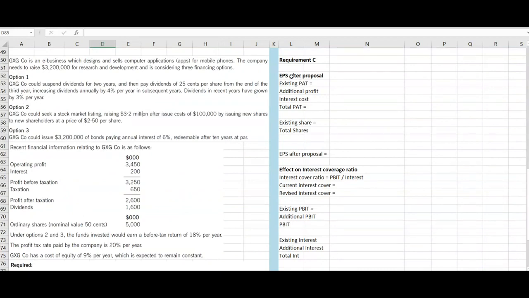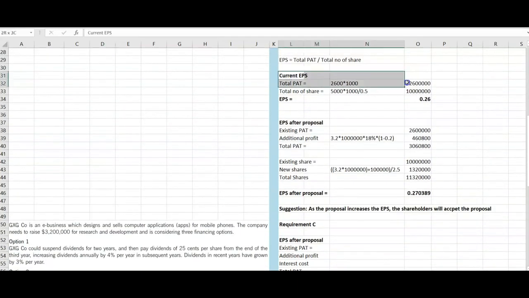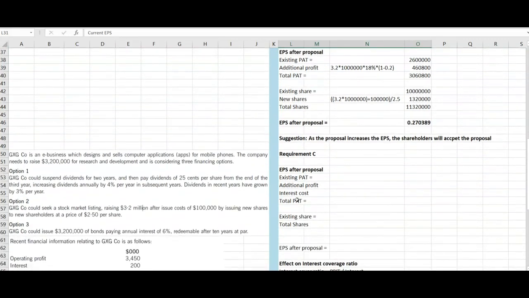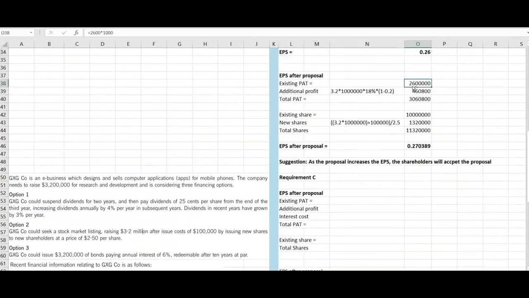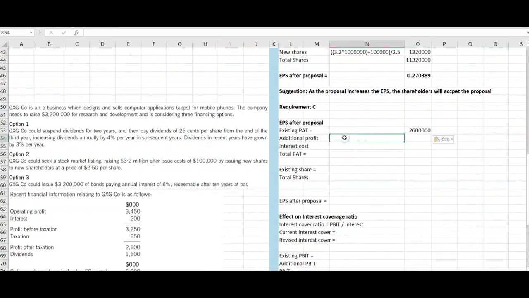So we'll start. So for doing this, we have already done the current EPS. Okay, that comes to 0.26. But what we want is the EPS after this proposal. So we'll start from the existing PAT. So existing PAT we already have, that we'll take. What is the additional profit that we'll make here?